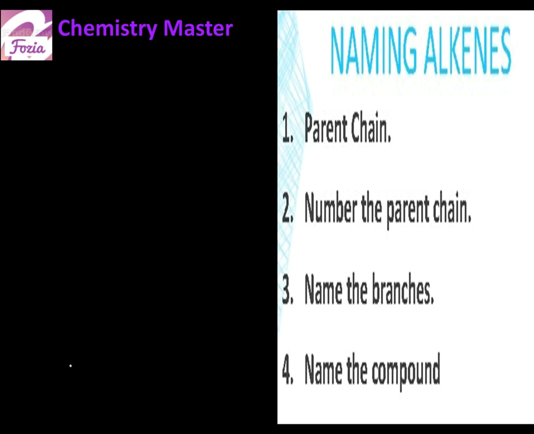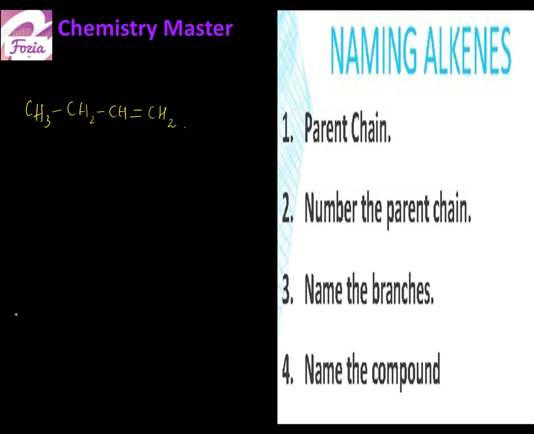Now you see, when the alkene is a normal alkene having no branch on it, then we will see, like this, CH3, CH2, CH, double bond CH2. We will see how many carbon atoms are present in the chain. So there are only 4 carbons.